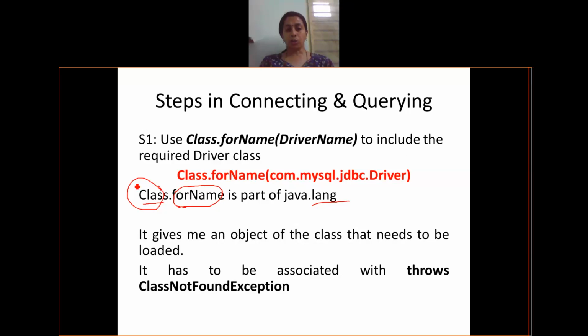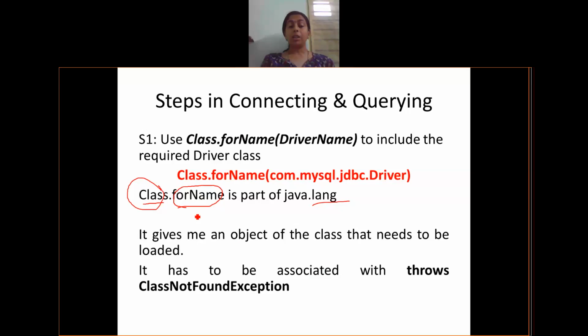So there is a special function called forName. Normally we call it by Class.forName. This is mainly used for telling what the name of the class or the driver is that you want to include in this file. You can include any class that is available as part of the packages in Java.